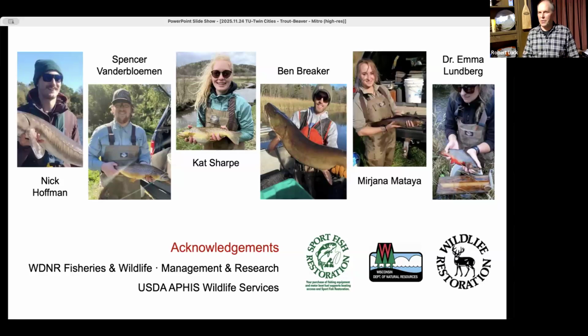So for the vast majority of streams in the state, there's no formal beaver control program. There's certainly a lot of wildlife benefits to having beaver dams on streams. I know a lot of duck hunters love beaver dams for that purpose. I've seen studies involving bats in beaver dams. So there are certainly many wildlife benefits.